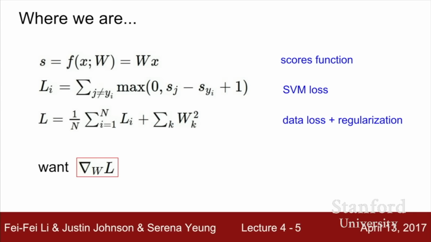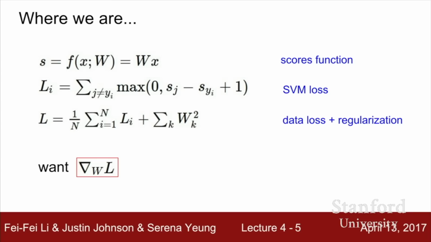So for example, the SVM loss function that we've talked about, which basically quantifies how happy or unhappy we are with the scores that we've produced, right? And then we can use that to define a total loss term L here, which is a combination of this data term combined with a regularization term that expresses how simple our model is. And we have a preference for simpler models for better generalization.